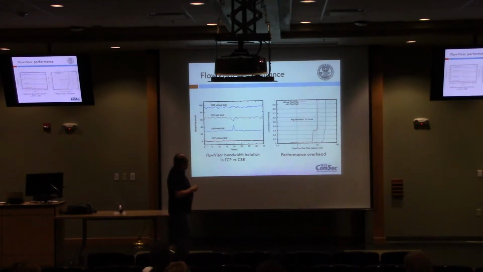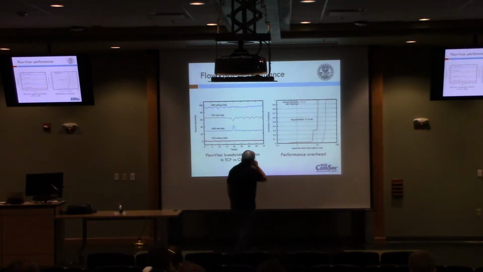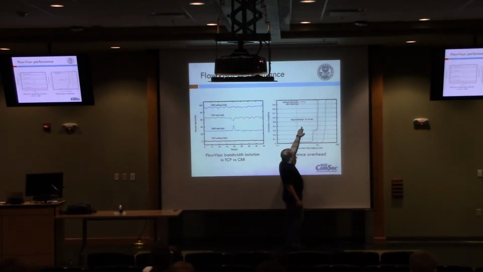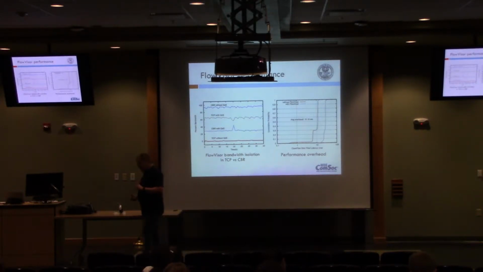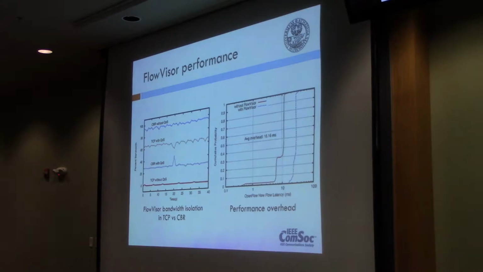If you include also FlowVisor, you must add on average 16 milliseconds because you have an additional level. So now when a new packet is going to be sent to a controller, first of all it will go to FlowVisor. FlowVisor decides whether it's legitimate or not. Then it will forward it to the controller.